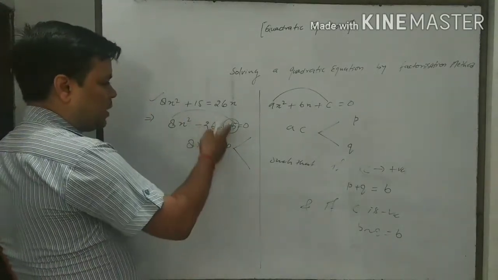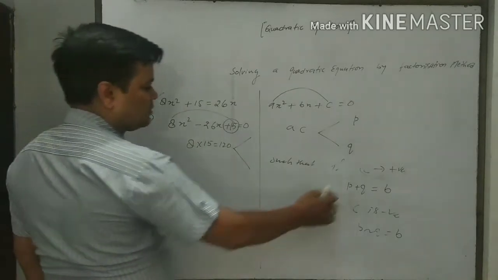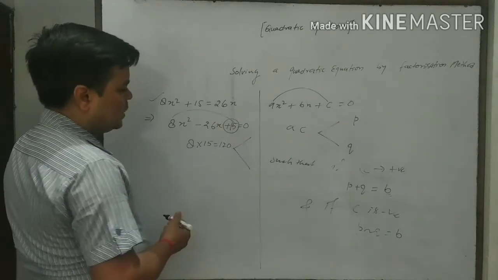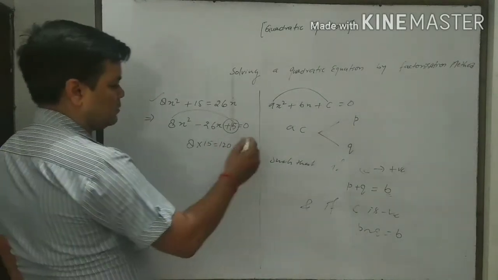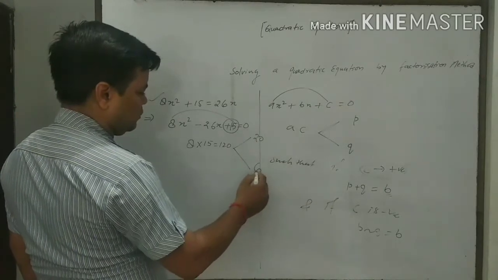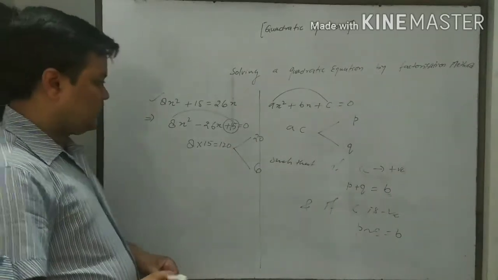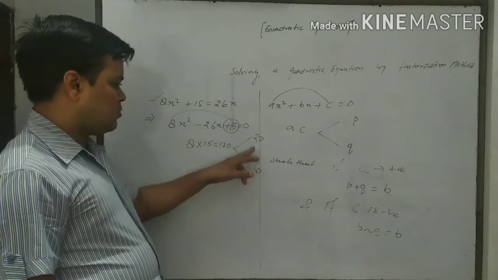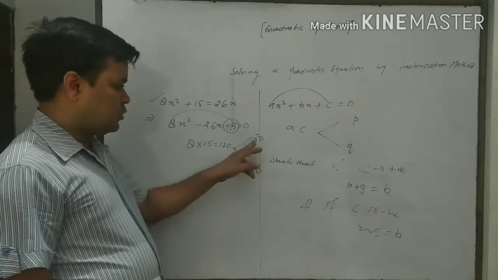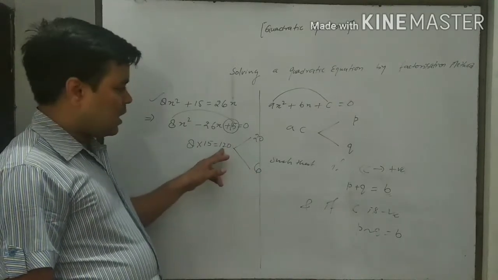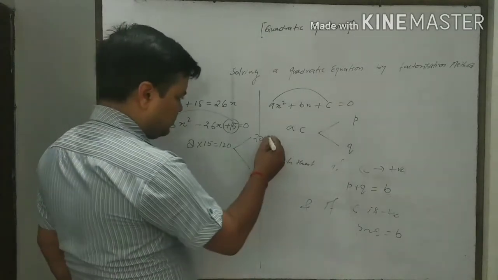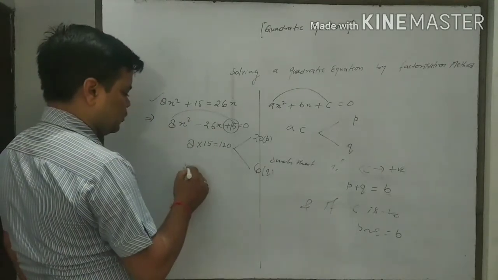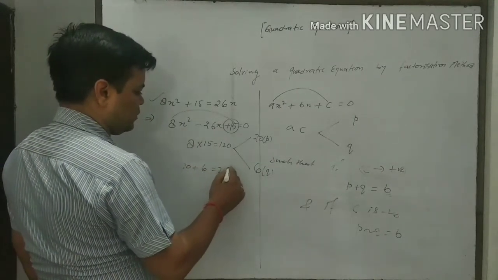We should break it in two parts such that the sum of these two values is equal to B. So we should break it, and we know that it should be 20 into 6, because 26 is a sum here. Let this be P and this be Q, and the sum of P and Q, that is 20 plus 6, is equal to 26.